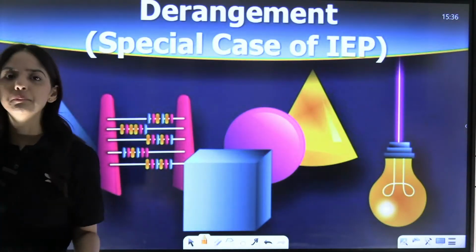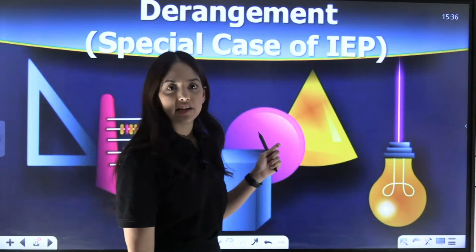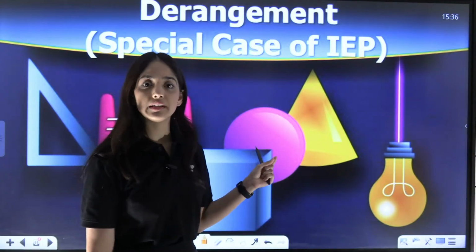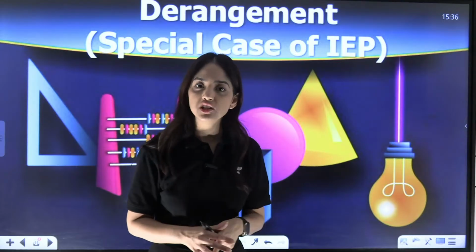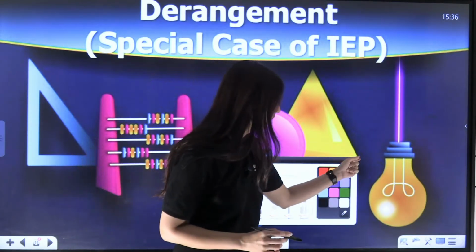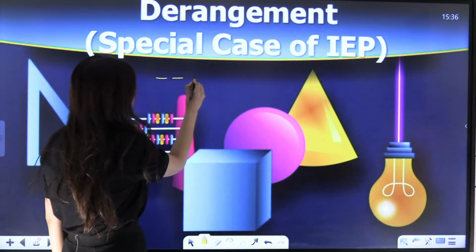Now a very important application of the inclusion-exclusion principle is derangements. What is derangement? Let's say we have n objects.